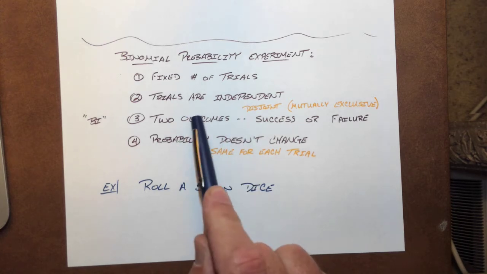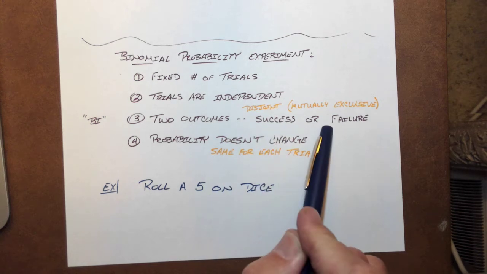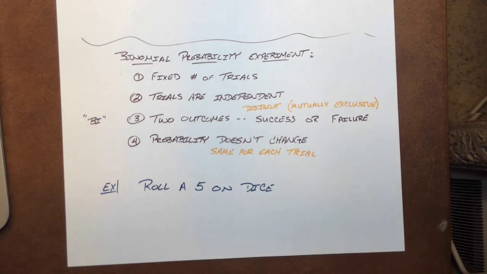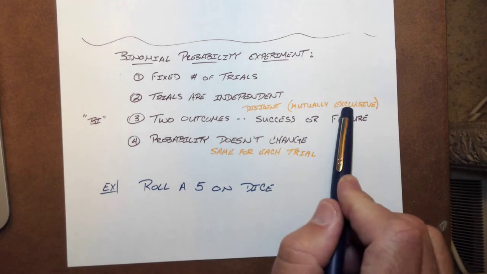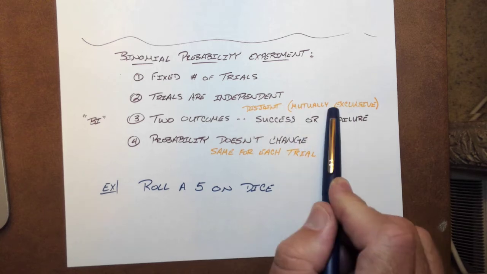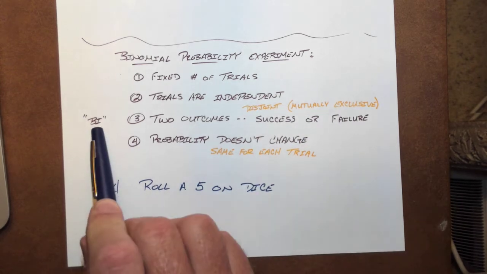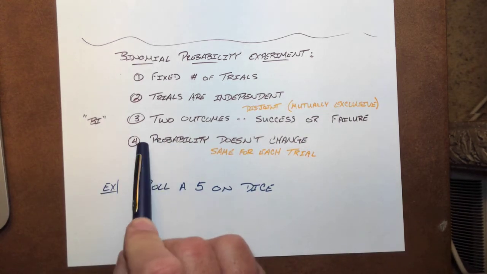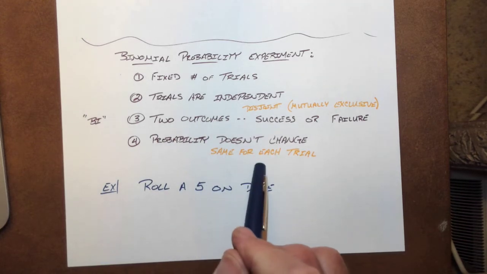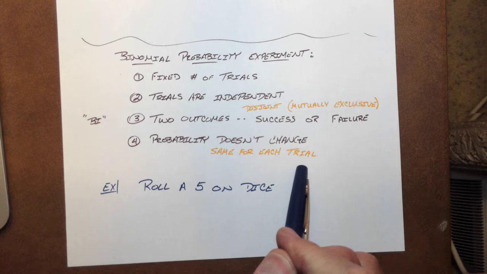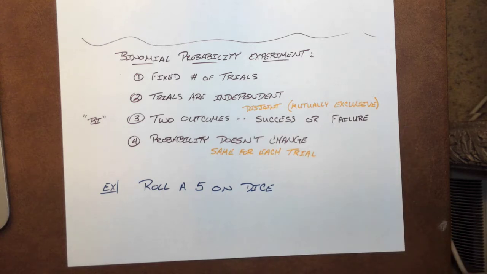There's only going to be 2 outcomes, either a success or a failure, depending on what is defined as success or failure in the problem. So this is a disjoint thing. They're mutually exclusive of each other. Remember what that means. Bi means 2. And then the 4th thing is the probability doesn't change. It's going to be the same for each trial.